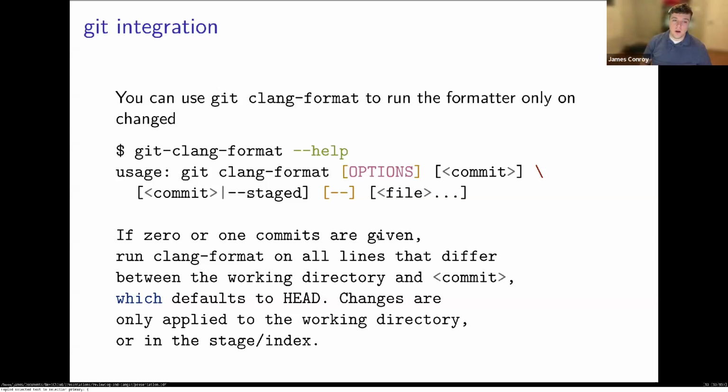So just running it with the help, because this explains it better than I think I could. It will run on all lines that differ between commits. So say you have a merge request, you can just say, hey, format the lines that differ between what I'm trying to merge and what I'm trying to merge into, or just the lines that are changed.